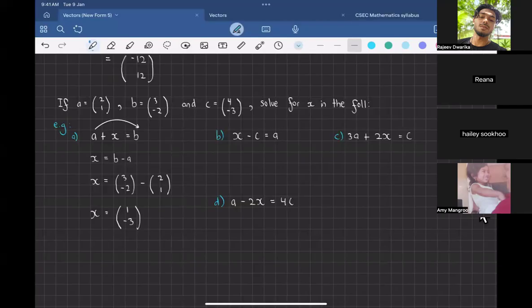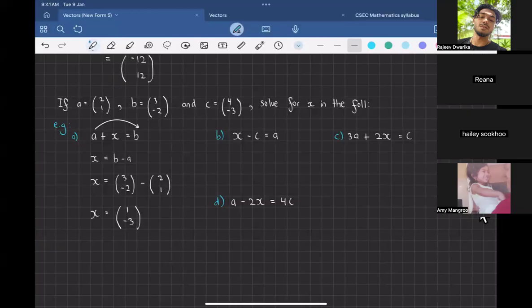Amy, you understand what I mean? Yeah. We don't really have a notation for division in vectors. You just use scalar. You only have scalar multiplication. So I fear that this might give you all some trouble.